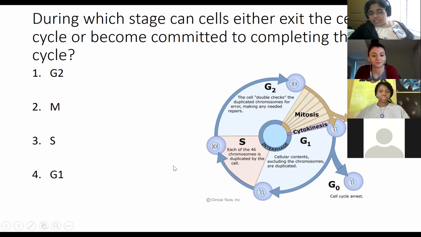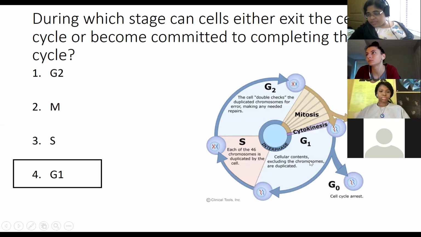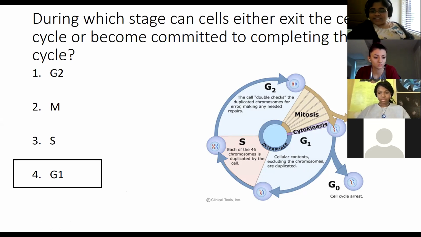So the answer to this question is actually G1, because it goes into cell cycle arrest, okay? Great, I just wanted to make sure we were all on the same page. I accidentally combined 2 different questions together. That's what happened here.